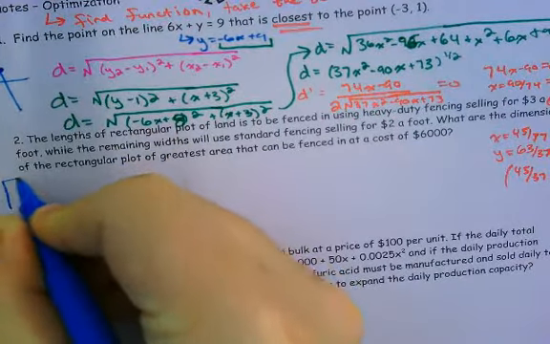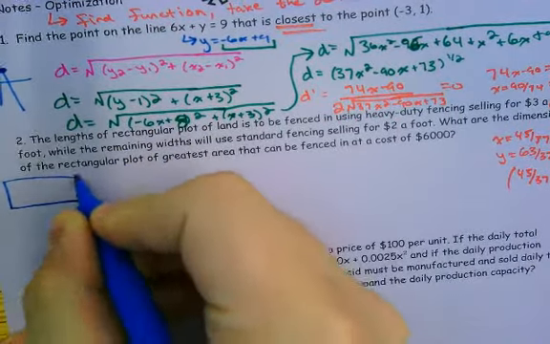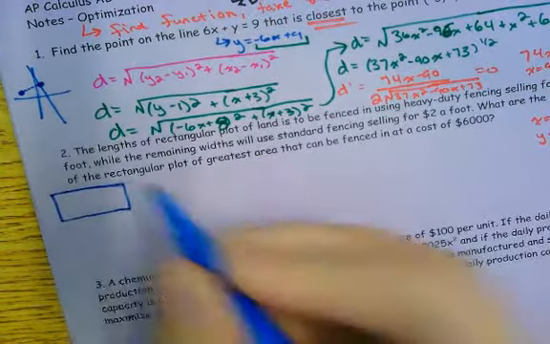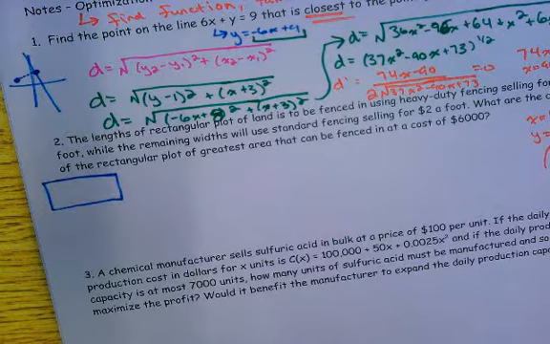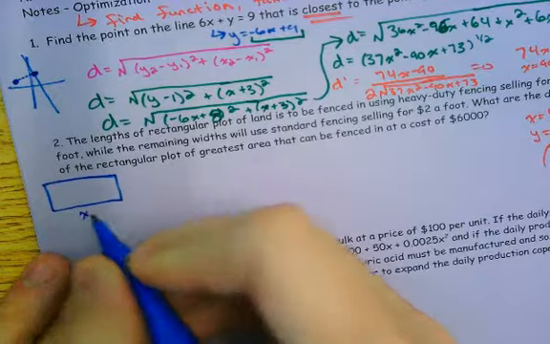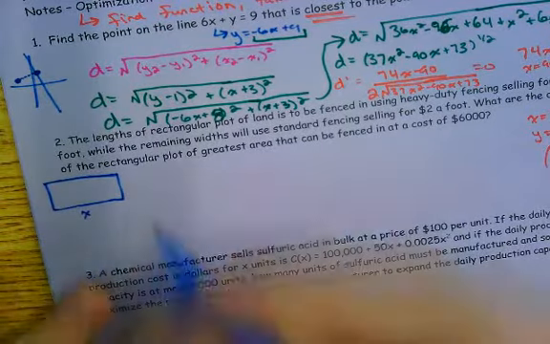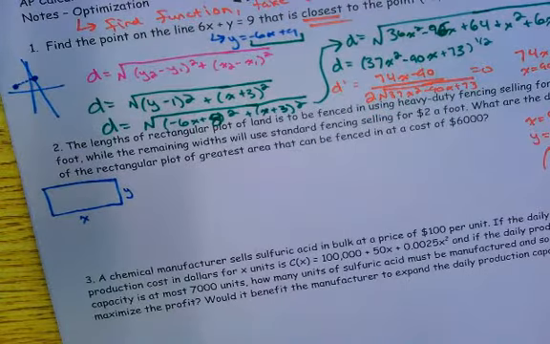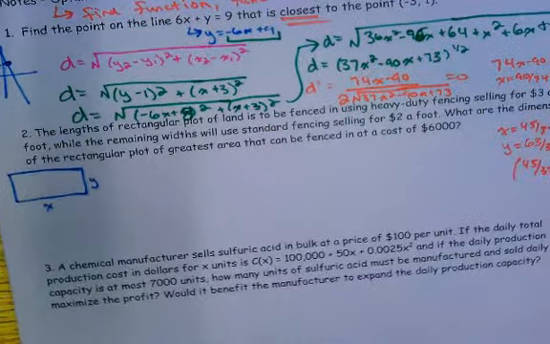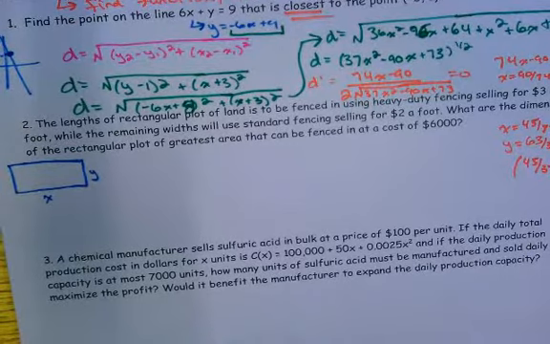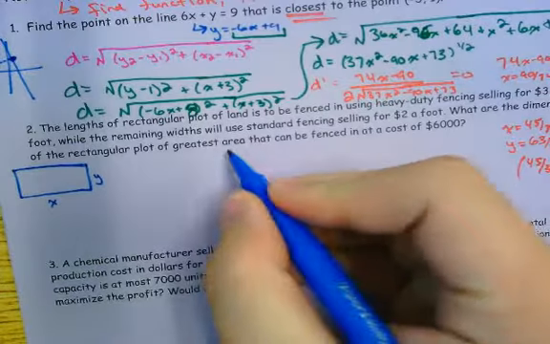So I'm going to go ahead and give this picture just a little bit of a drawing. So I have a rectangular plot of land. That's my best rectangle. Deal with it. I'm going to call this X. We cool with that? We're going to call this Y. Okay, what am I trying to maximize or minimize here?